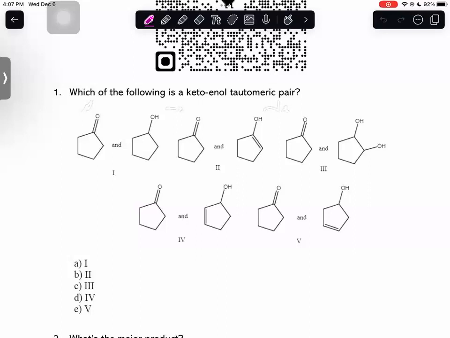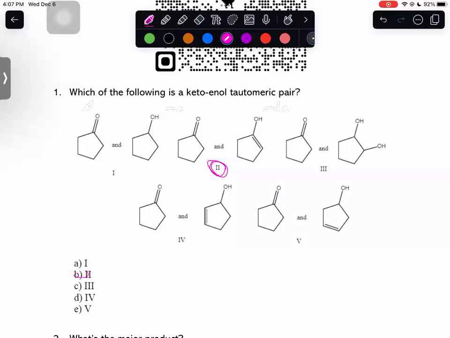If they're asking for the keto-enol tautomeric pair, what's the answer in that case? It is 2, precisely. It's just molecule 2. 1 is showing the keto form, but is this a tautomer?